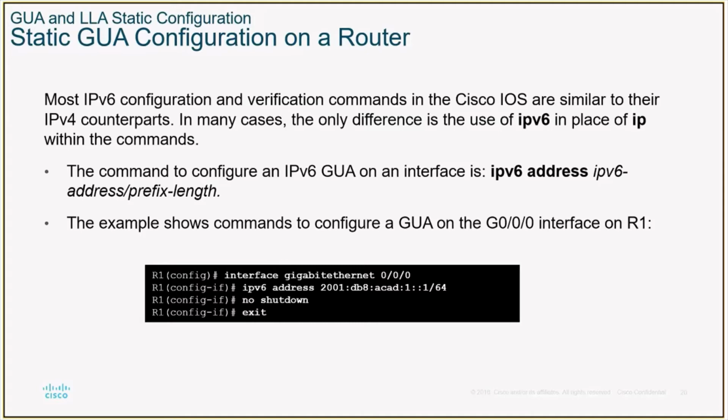So the command to configure an IPv6 address is ipv6 address, and then you specify the address, and then you do the /number. So here's an example here. ipv6 address, you specify the address, and then you do /64 for the network prefix. And then, of course, you need to turn the interface on, as you always do.